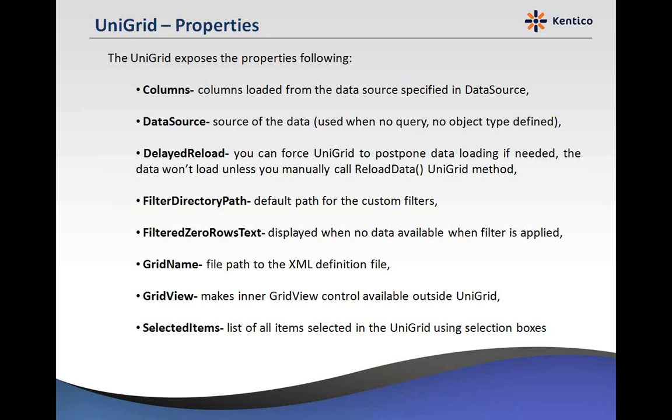So there is a columns property. Again, it's the same story. You specify the columns that are loaded from the data source in this columns property. The data source is the property that can be alternatively used for supplying the data table or data set object that should be used by UniGrid to bind the data.